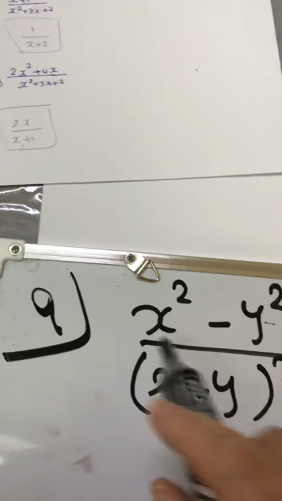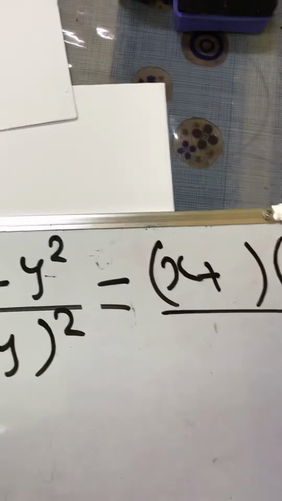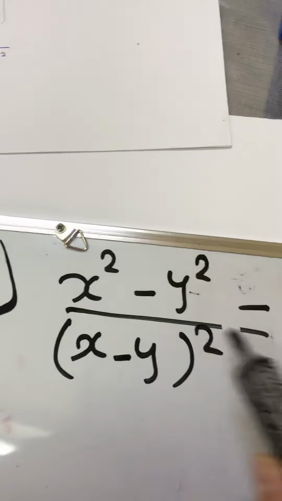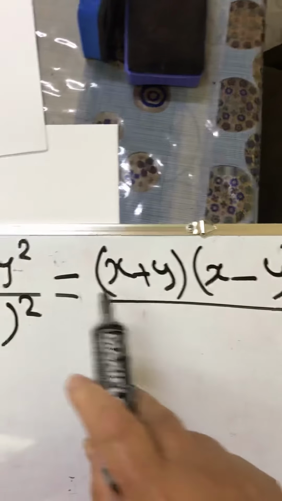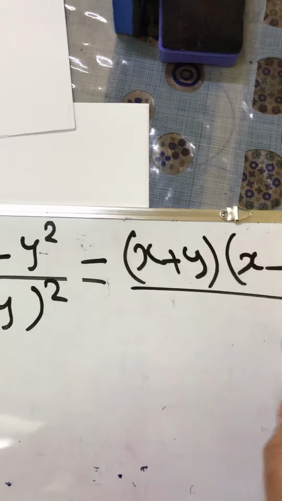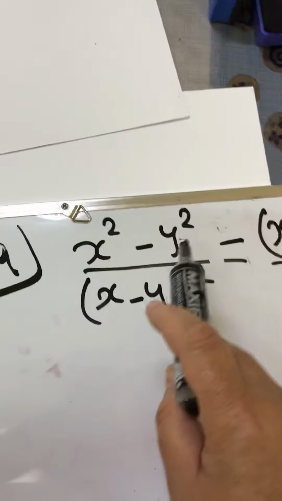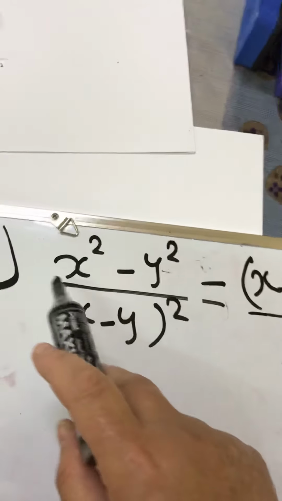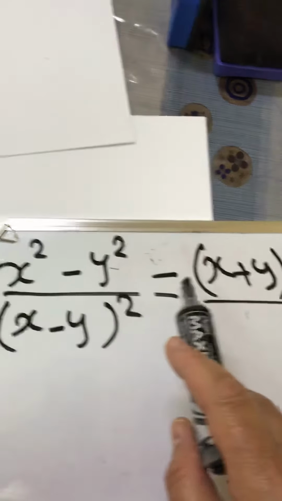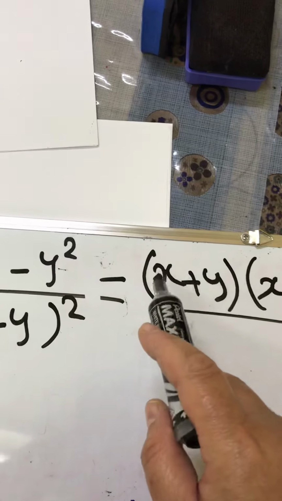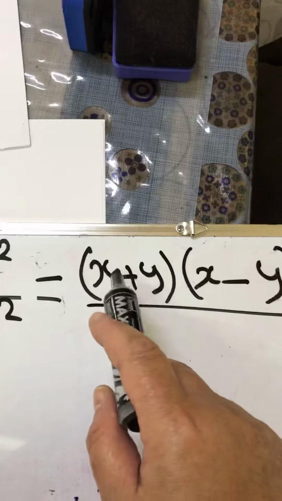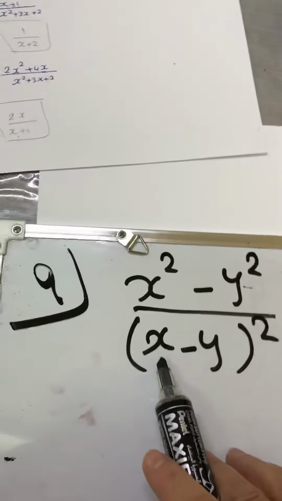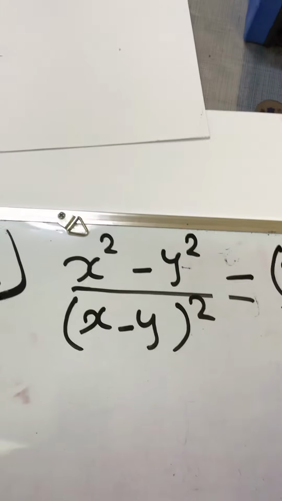The square root of x squared is x, I'll put x here and there. The square root of y squared is y, I'll put y here and there. So if we have 2 brackets, 1 positive and 1 negative, the answer will be x squared minus y squared. And down I have x minus y raised to the second power.